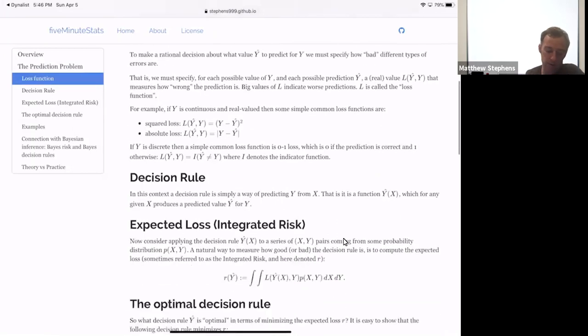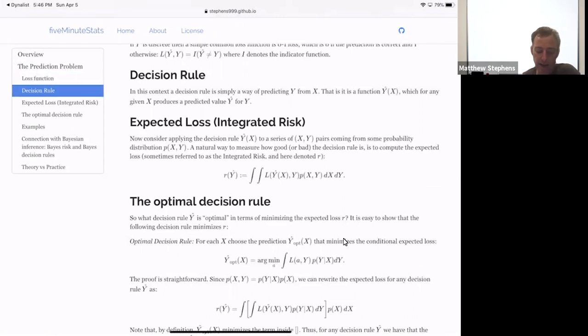Okay. So here's a key idea: to define what's called the integrated risk, or essentially the expected loss for a particular decision rule. But in order to compute an expectation, you need to say what you're computing expectations over.